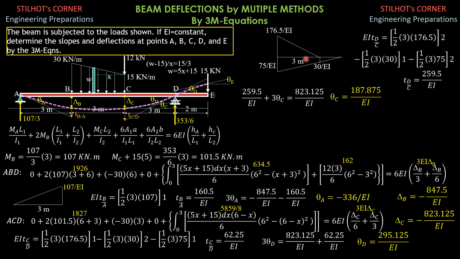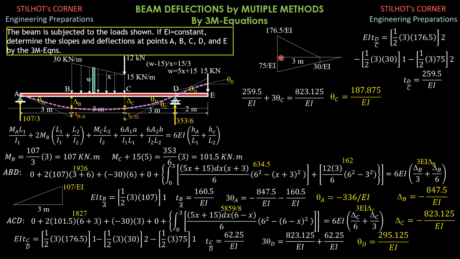So it is positive 1/2 times 3 times 176.5 times moment arm 1. We take moment about C. Then plus we divide this trapezoid into two triangles. For the small triangle, 1/2 of 2 times 30 over EI, moment arm is 2.